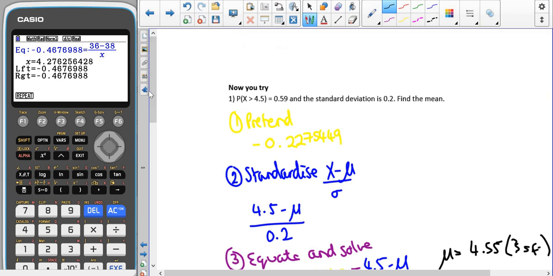Okay, so hopefully you paused the video and you gave the 2 now you try questions a go. So for the first one, when we pretend it's the standard normal, we have our tail going to the right. We have an area of 0.59. Standard deviation is 1, mean is 0. And just be careful.